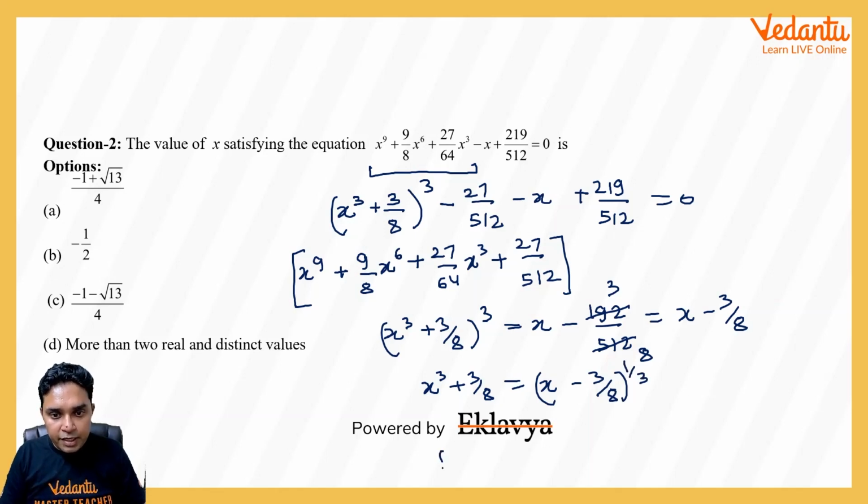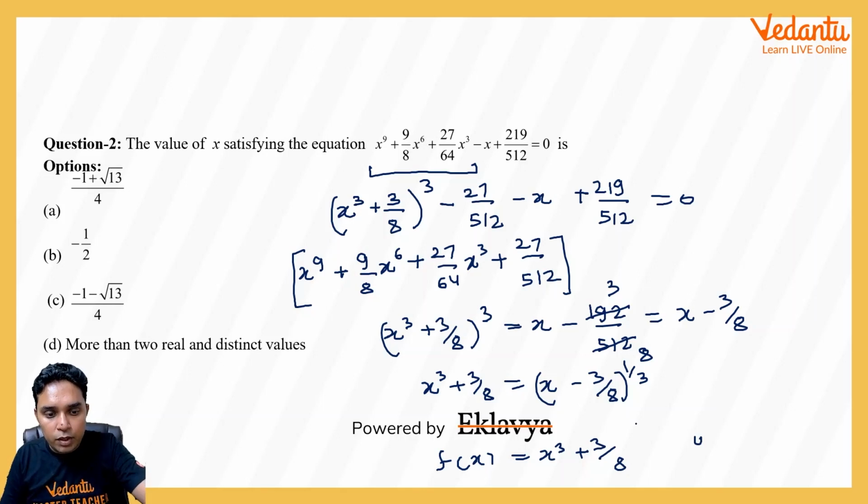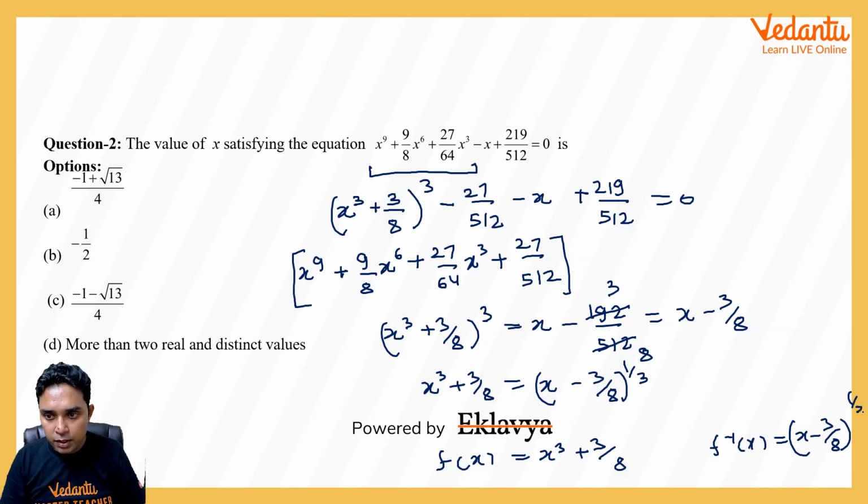So if someone takes f(x) equal to x cube plus 3 by 8, it is very easy to say that f inverse x will be equal to (x minus 3 by 8) whole power 1 by 3. You just have to equate this equal to y and then interchange x and y. So this question is like solving f(x) is equal to f inverse x only.